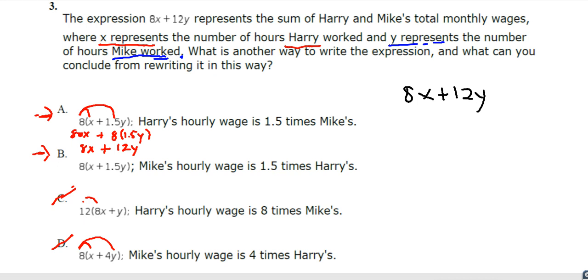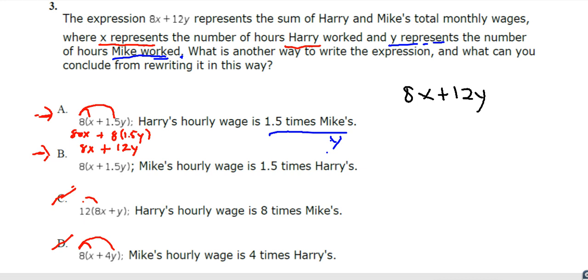So if Y is the number of hours that Mike worked, and that's being multiplied by 1.5, so Y is multiplied by 1.5, and that's Mike. So that means that Harry's hourly wage, so in order for them to be equal to the same number, Harry's hourly wage is 1.5 times Mike's, because Mike was Y.